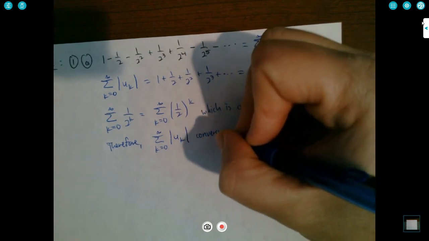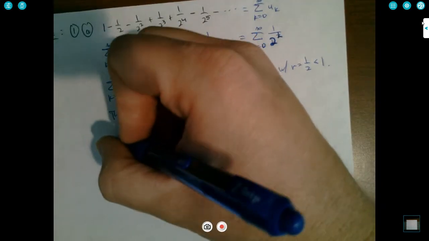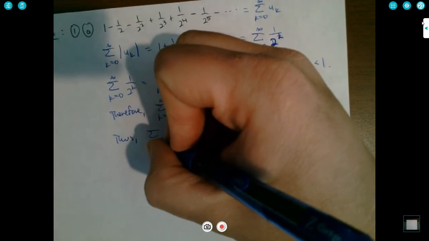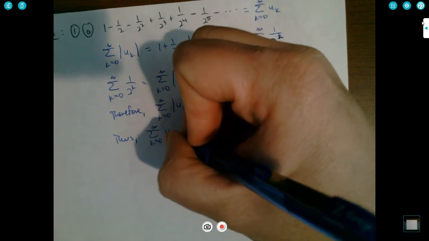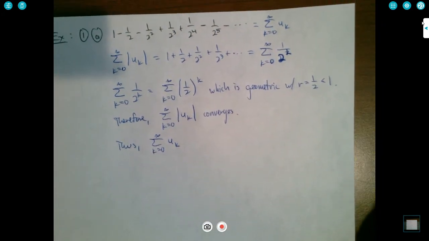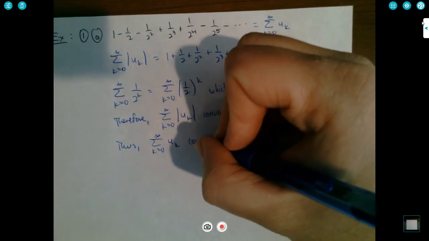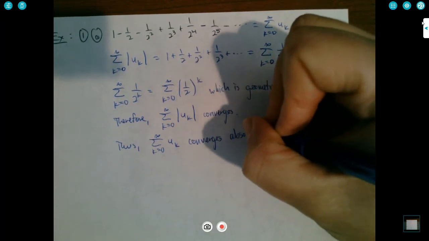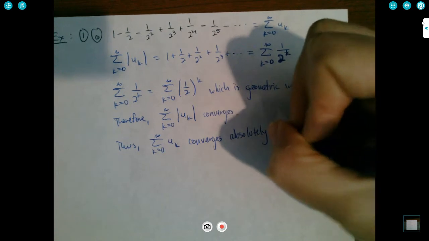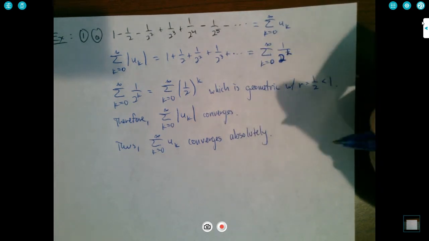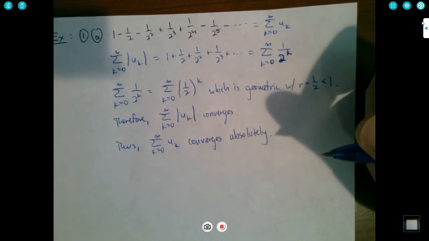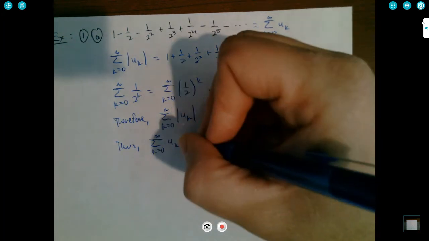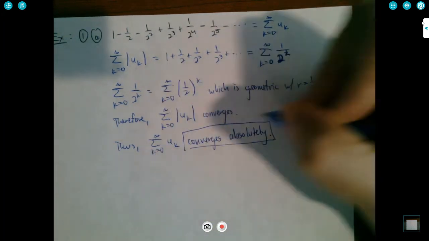And thus the sum from k equals 0 to infinity of u_k without the absolute values converges absolutely. So yes, the series converges absolutely.